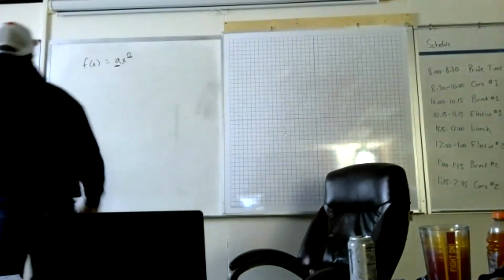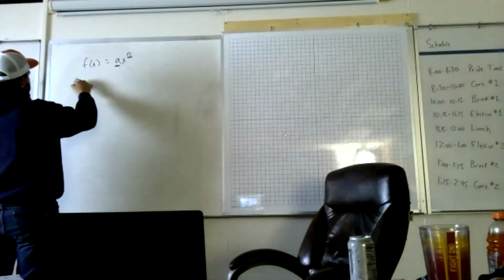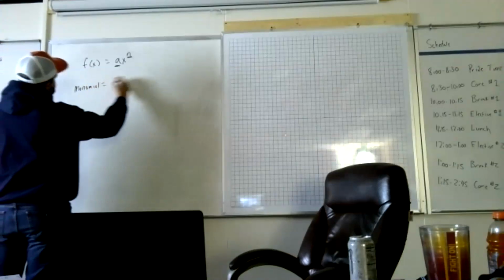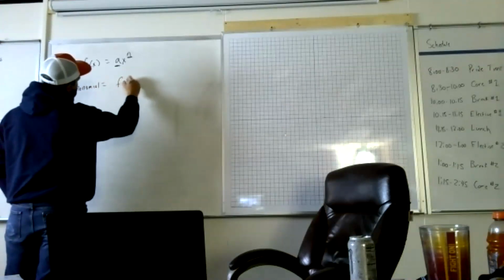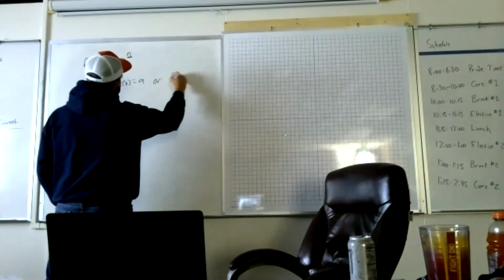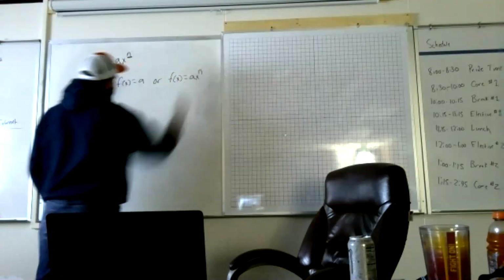Okay, a monomial function. Power functions are a type of monomial function. So monomial is kind of the umbrella. It's any function that can be written as f of x equals a times x to the n.